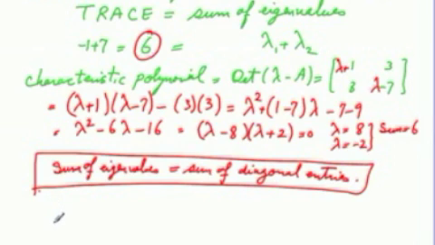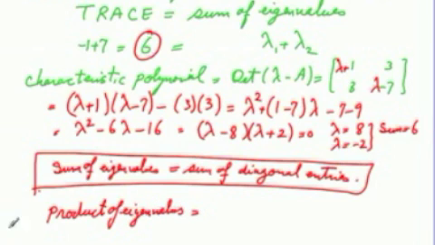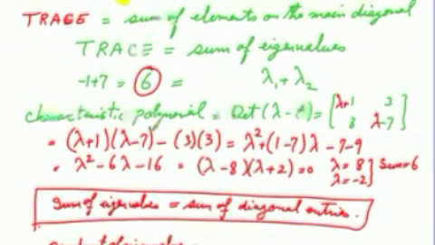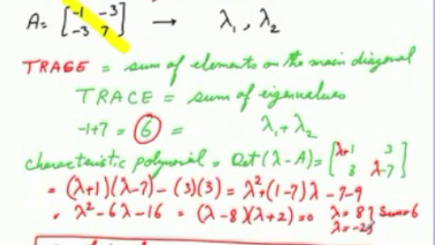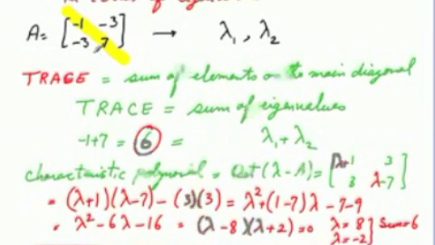Property number 2. Sometimes what you need is the product of all the eigenvalues. A product of eigenvalues, what would be the product here? 8 times minus 2, that would be minus 16. Now, you can look at it another way.